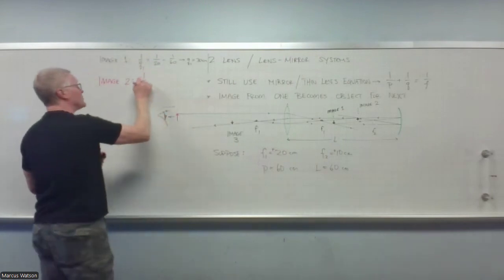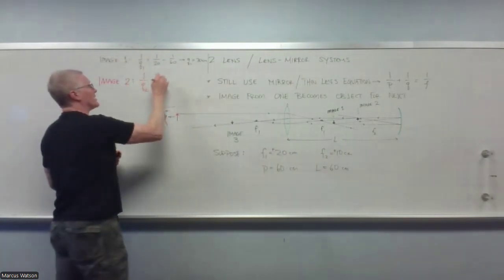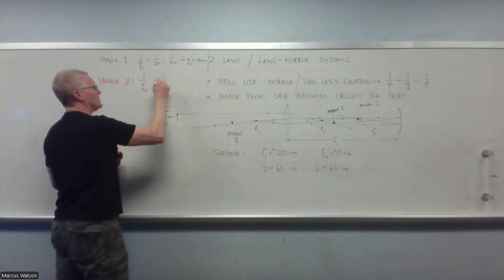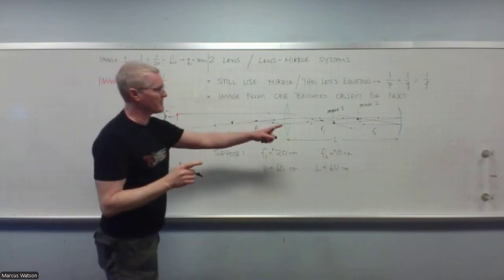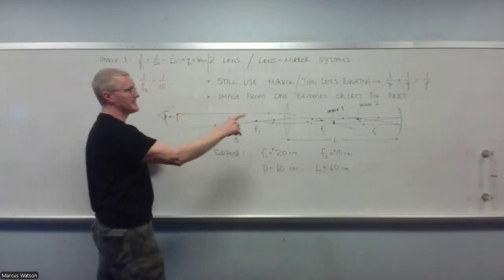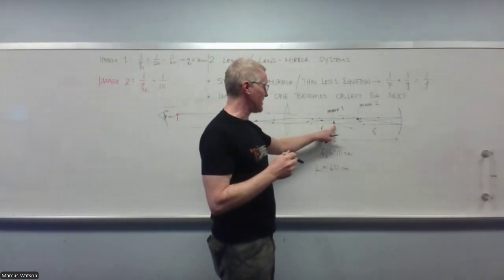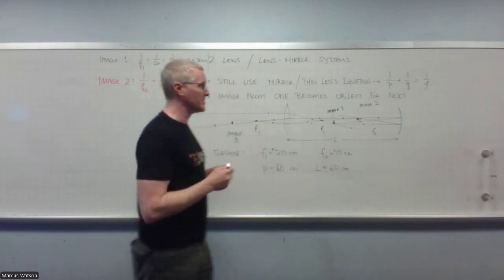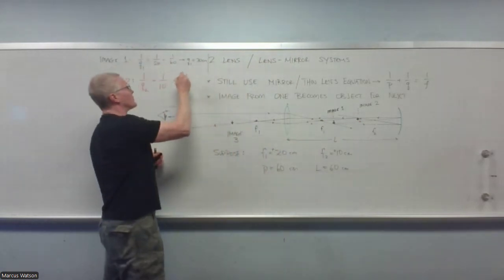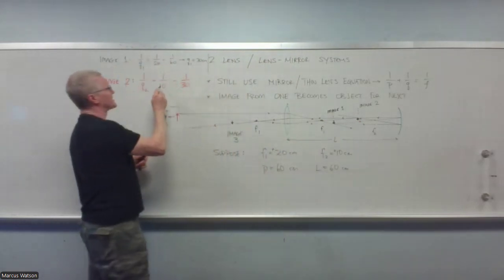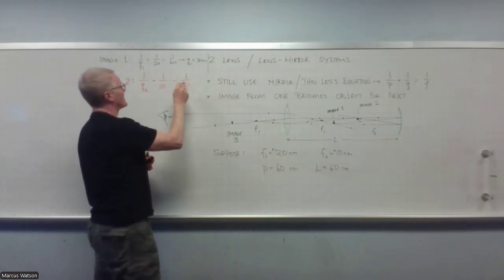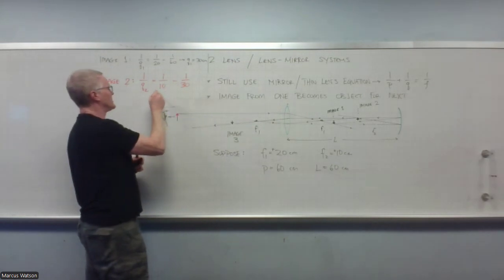Now, I've got 1 over Q2, and I'm going to have the focal length, which is 10 centimeters for the mirror. The distance away means this image slash object has landed about halfway between these two, so this is going to be 1 over 10 minus 1 over 30. That's going to be 3/30 minus 1/30, so this is 2/30, and therefore Q2 is 15.